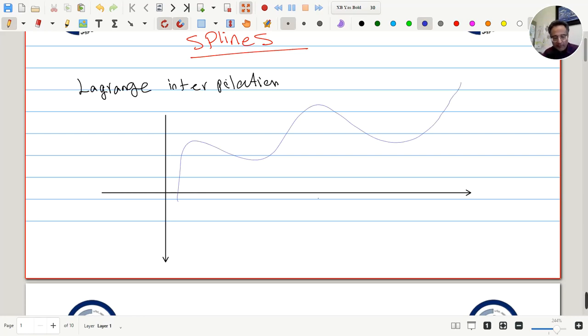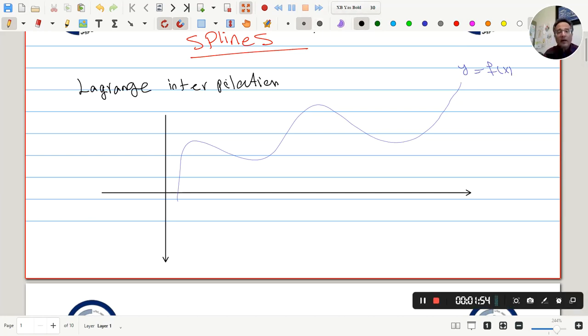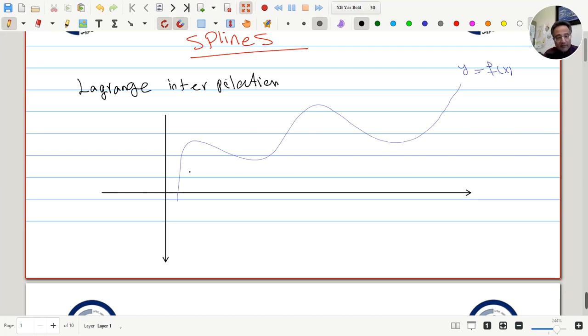We interpolate this function, call it y equal to f of x. Now let me find an interpolating polynomial like p of x, and when we draw this one, we have something like this: p of x equal to y.